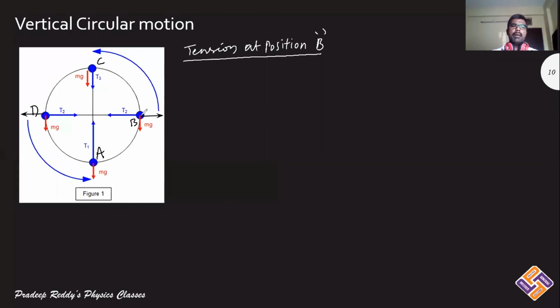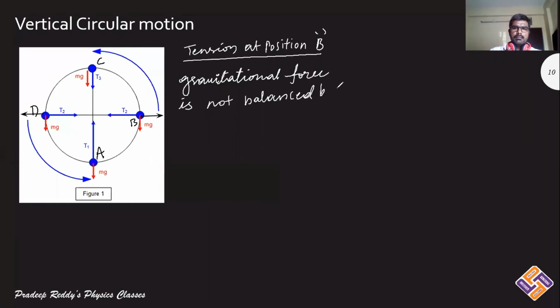Gravitational force is not balanced with any other force in the upward direction, right? So clearly, gravitational force is not balanced by any other force vertically.